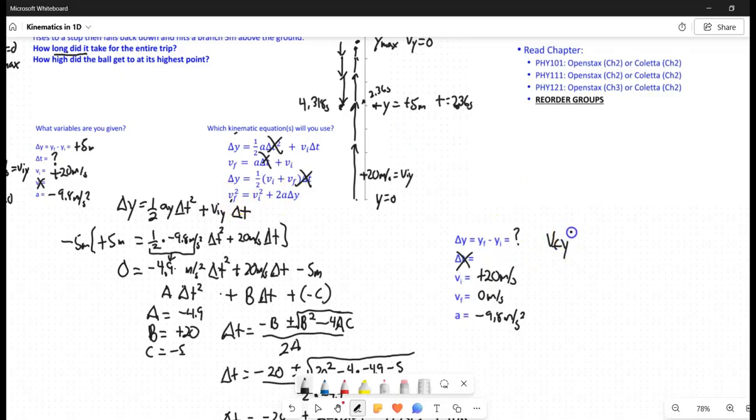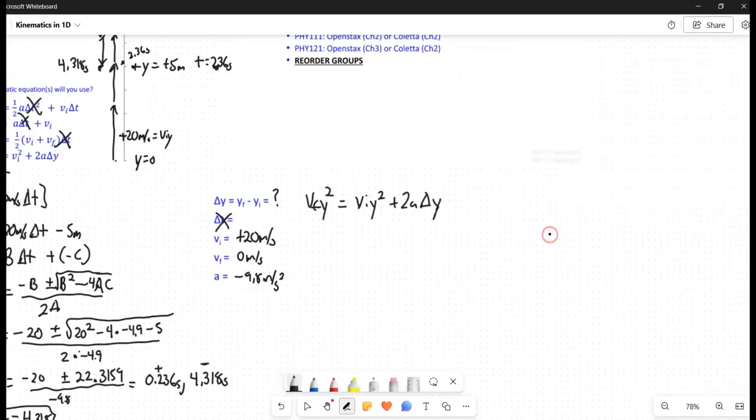V final y squared equals V initial y squared plus 2a delta y. Scooch the screen over a little bit here. Okay, so we need to solve for delta y, and this is 0. So we're going to have to subtract v initial y squared from both sides.